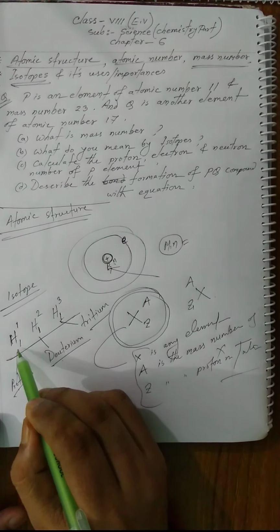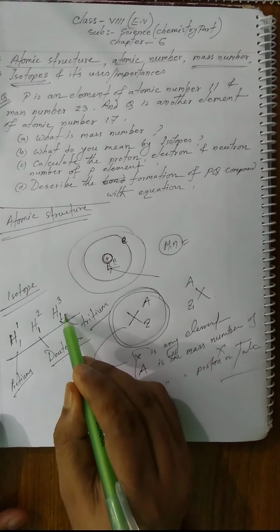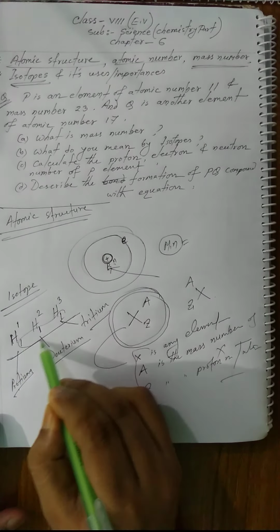So we can see the proton number or atomic number for protium, deuterium, tritium is the same, but the mass number is different. So we may say that protium, deuterium, tritium are isotopes of each other.